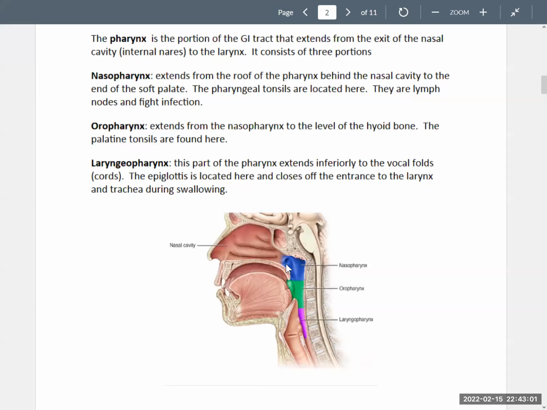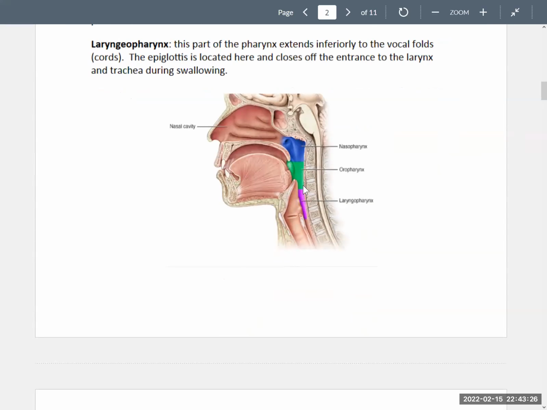Inside of your nasal cavity, which is further subdivided actually into 6 parts, the air that you breathe in or out passes through this orifice called the internal nares. And then after the internal nares and above the soft palate, you have the nasopharynx. Below that, the oropharynx. And below that, the laryngopharynx.